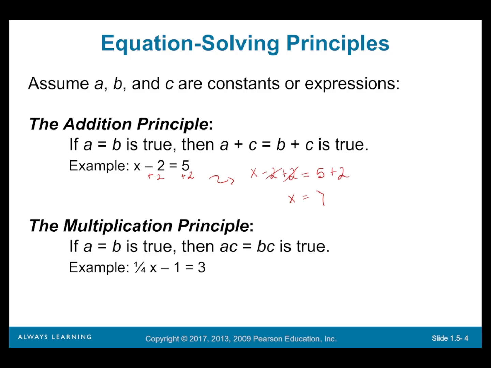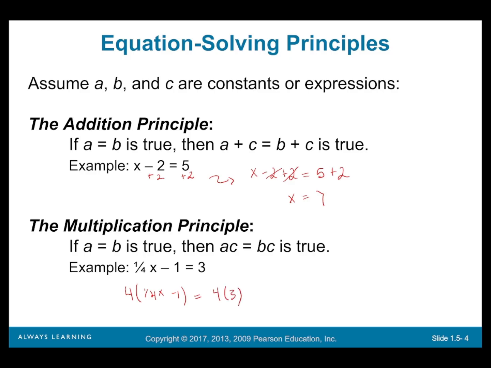Now, looking at the multiplication principle. Again, if a equals b, then a times c equals b times c. So I can multiply both sides of an equation by some number. For example, if I have 1/4 x minus 1 equals 3, I can multiply both sides of the equation by 4.